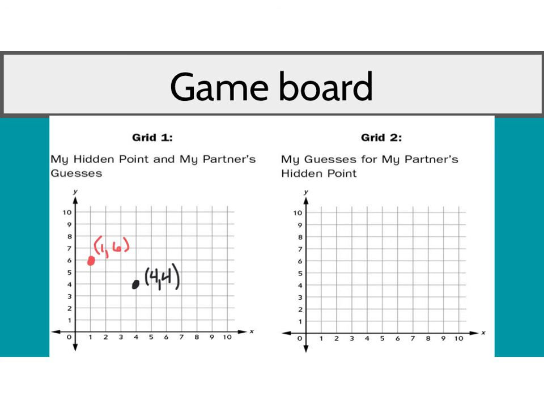Say, no, I'm sorry, you did not guess it. It is, and then we look here, 1, 2, 3, 3 units that way, 1, 2 down, but we can just say 3 units away. And then they would make another guess, and you would continue until they guess yours or you guess theirs.